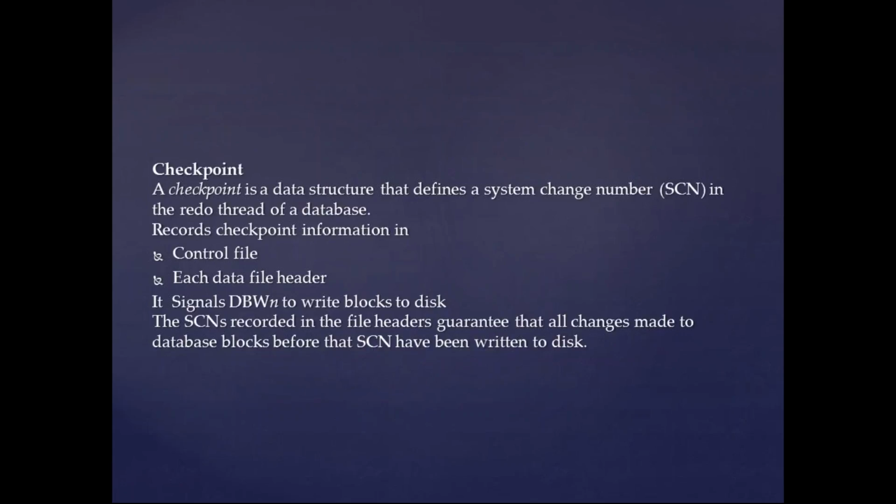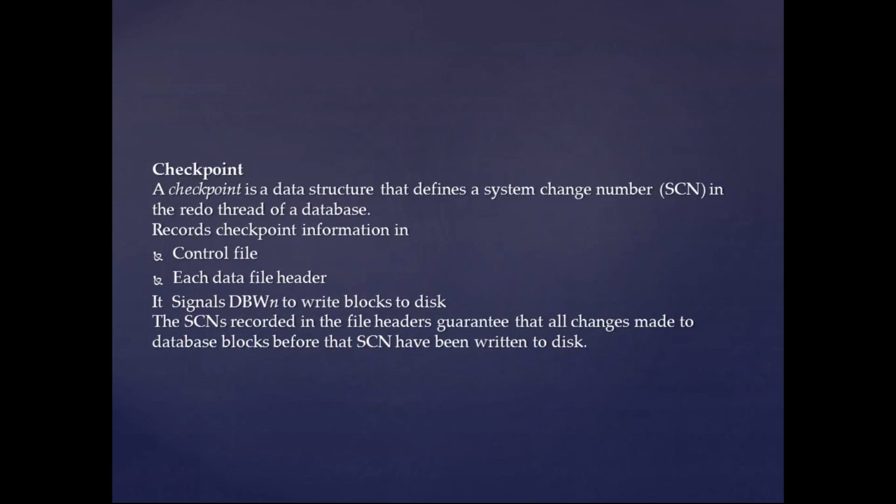So there are a lot of things: one is commit, one is 1/3 full, one is 3 seconds, and one is when the database writer is writing to the data files. So the log writer writes more frequently than the database writer writes to the database files, because the log buffer is very small.